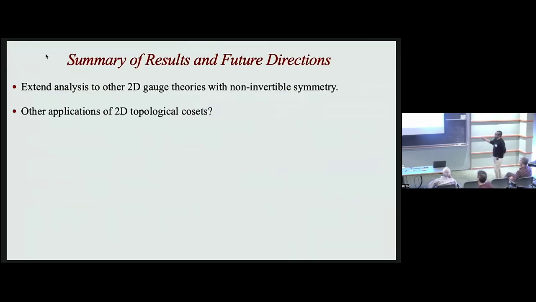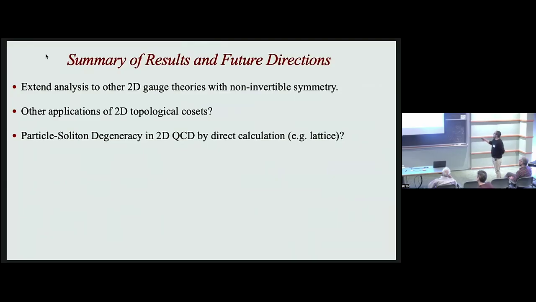Other applications of 2D topological concepts: here I basically used 2D topological concepts circumstantially in the context of 2D QCD, but of course topological concepts appear in many other contexts, like the G over G model, which appears all the time in physics. So it will be interesting to use this technology to see what G over H can say in other contexts using this algebraic machinery.